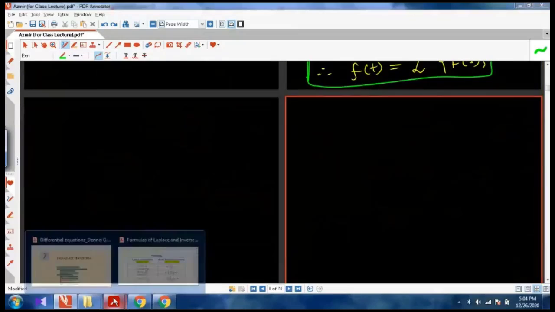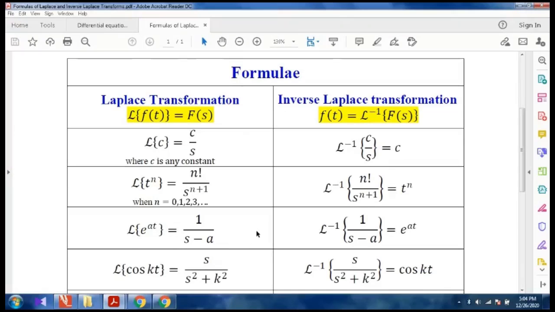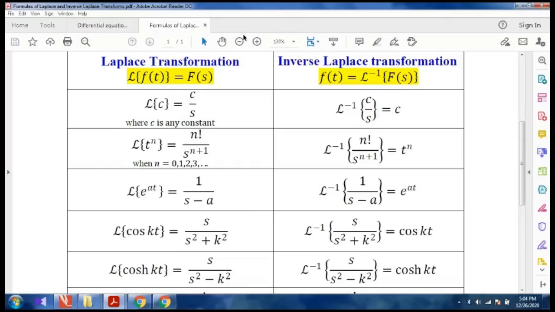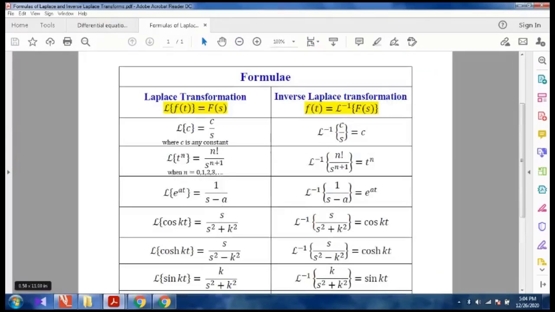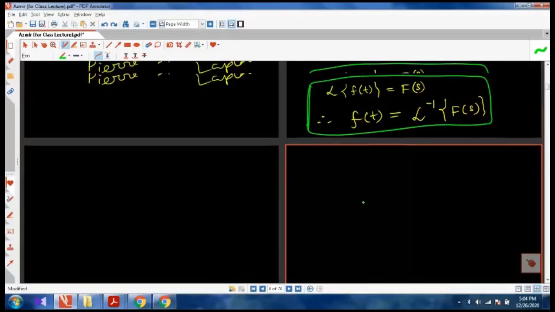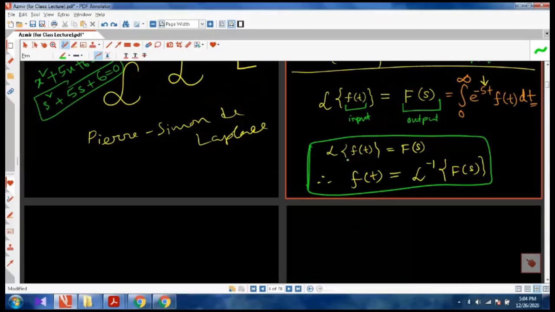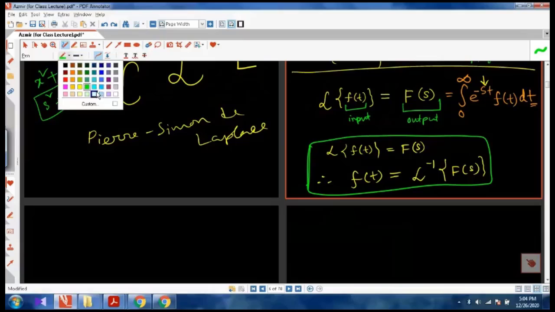Now let's come up with the formulas of Laplace transformation. You can see whatever I have written here, Laplace transformation of f of t is f of s.